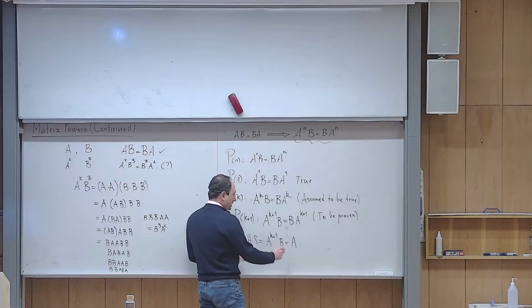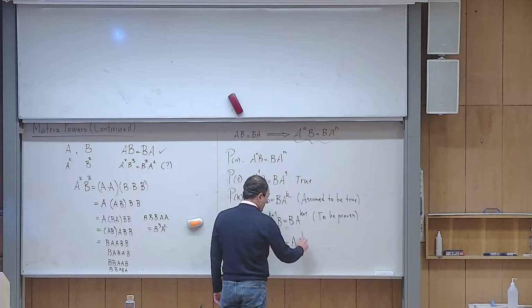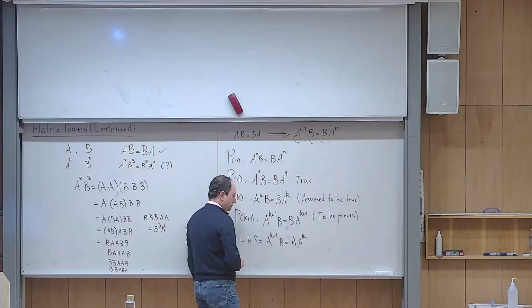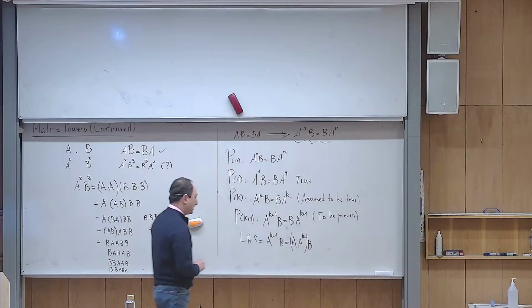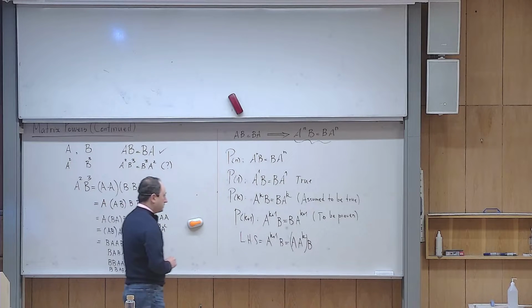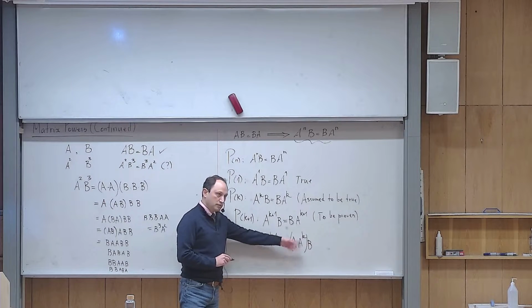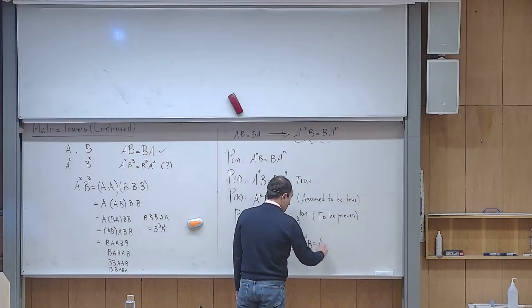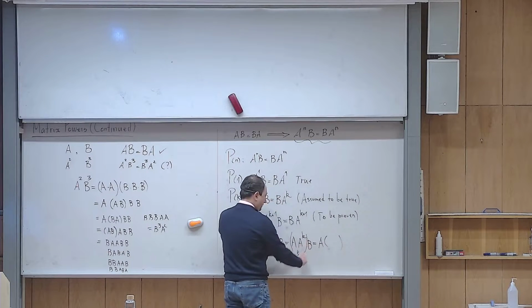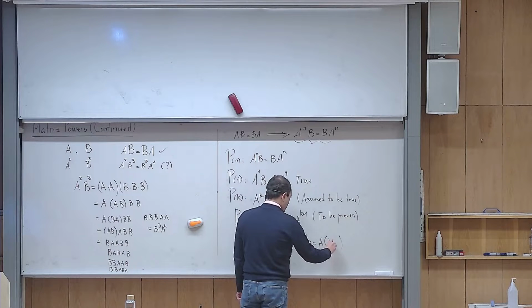Instead of A to power K+1, I can write it as A times A to the power of K, and then times B. In principle, I have to put a pair of brackets around that. But because of associativity, I can put the pair of brackets around the second pair.